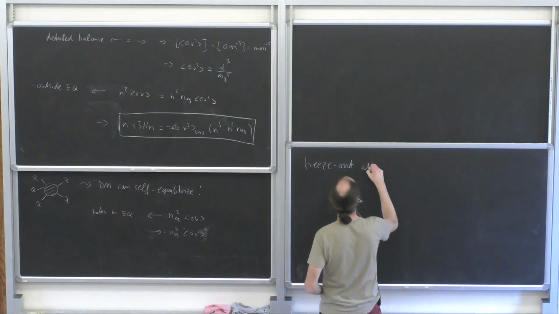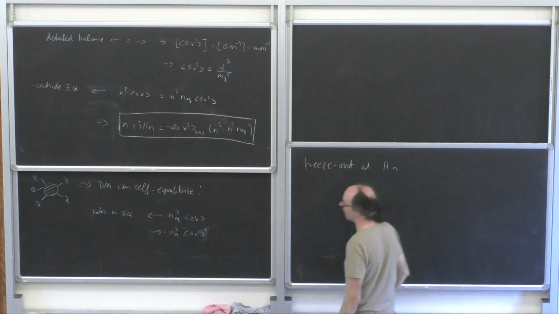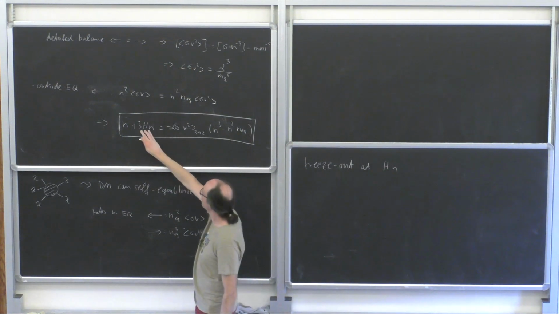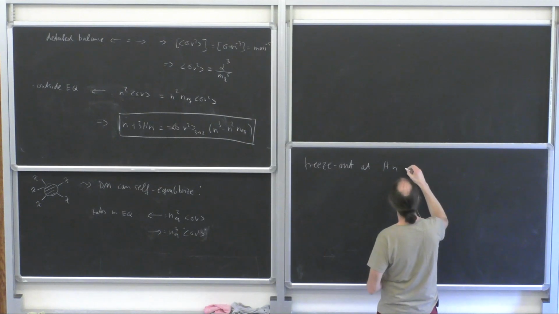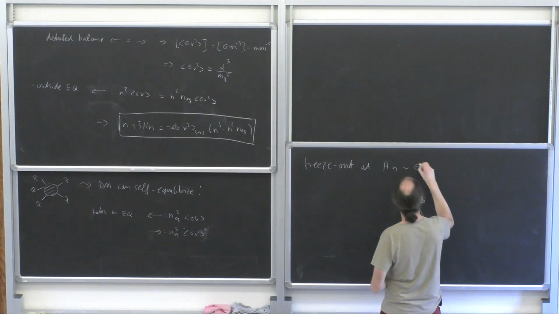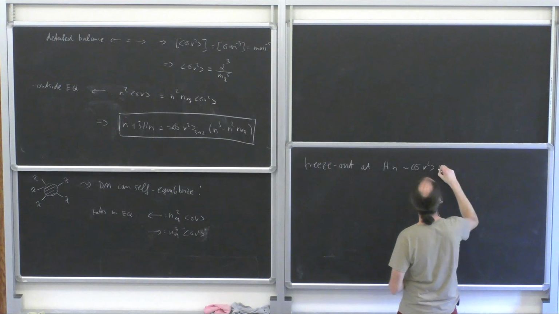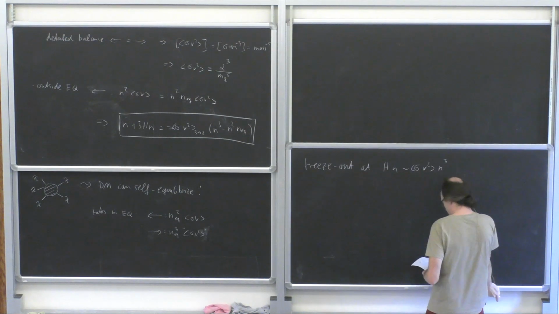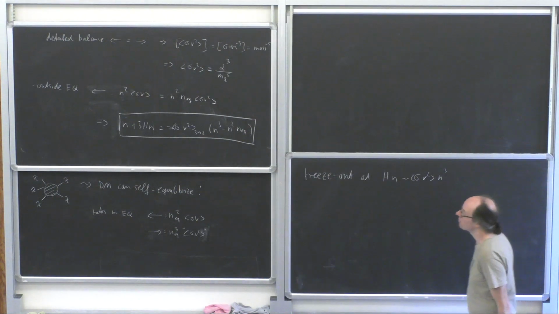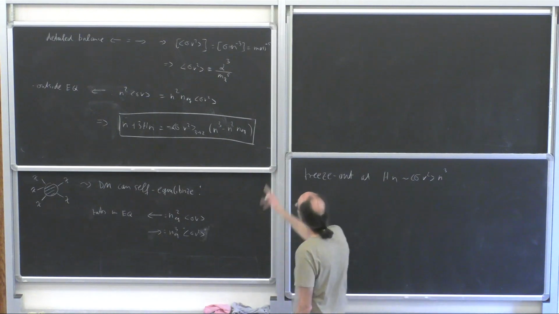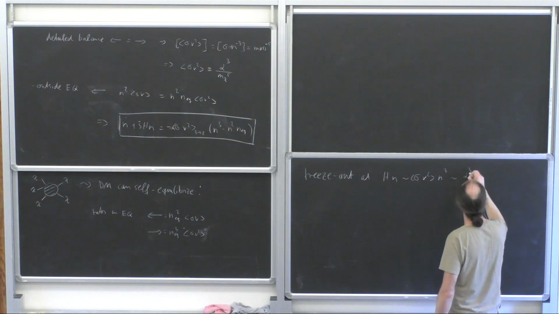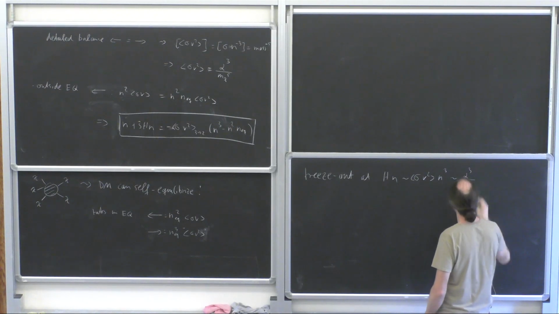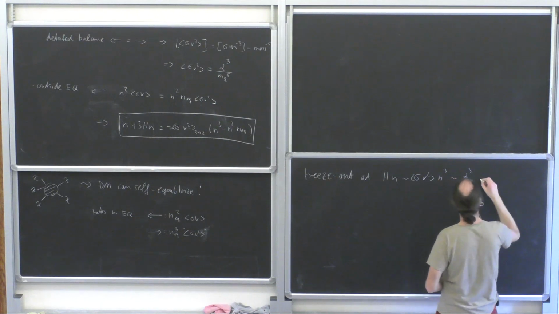Okay, so freeze out happens again when this term is comparable to the rate here. So that means that freeze out should be sigma v squared n cubed. And then with our ansatz here, this is alpha cubed m to the 5 n squared.